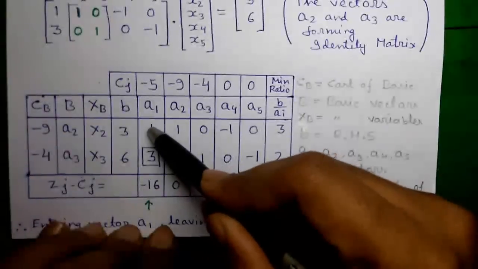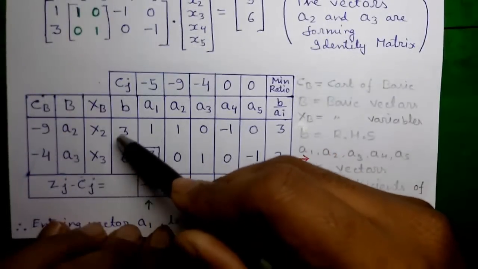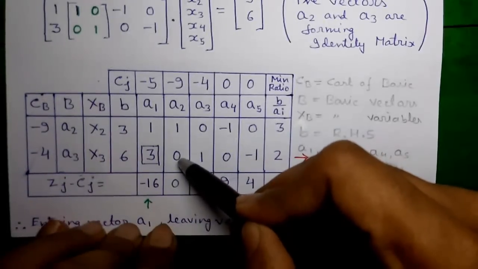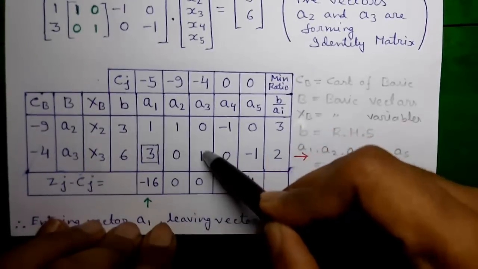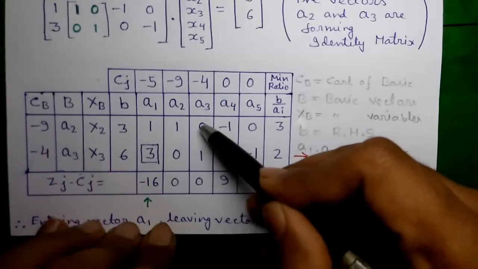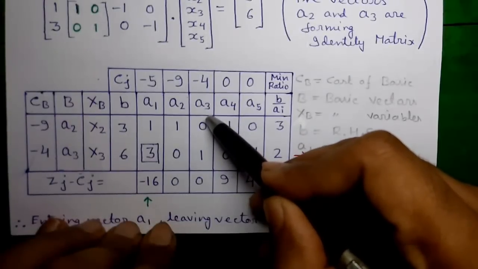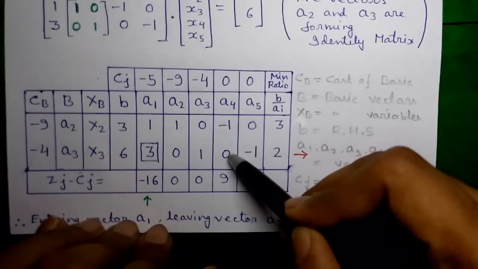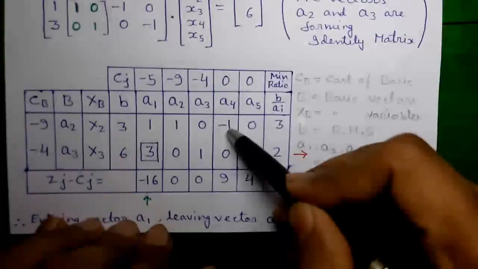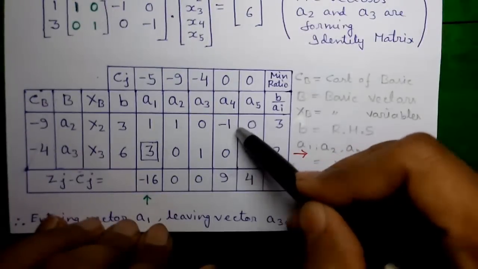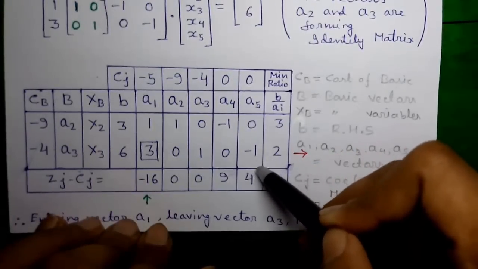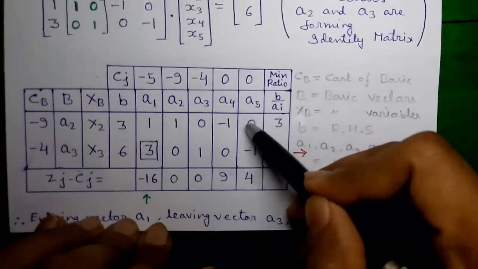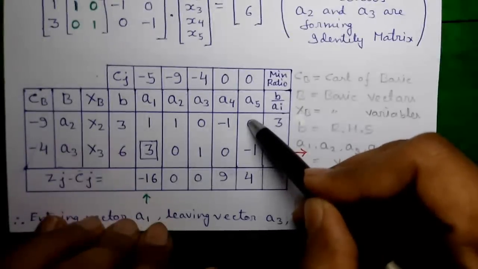So 1 minus 1 is 0, this is now 2, so 3 minus 2 is 1 here, this is 0, so 1 minus 0 is 1. This is now 1 by 3, so 0 minus 1 by 3 is minus 1 by 3, and this is 0, 0 subtracted from minus 1 is minus 1 as it is, and this is now minus 1 by 3, so 0 minus of minus 1 by 3, that is plus 1 by 3 at this position.